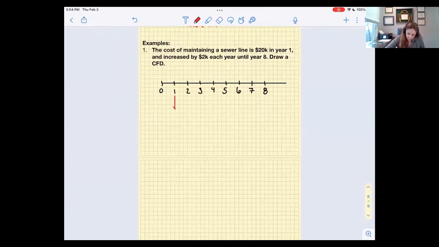So you're going to draw an arrow down here, 20K.